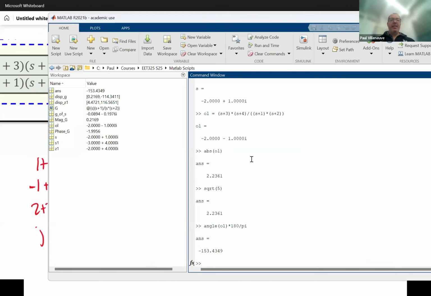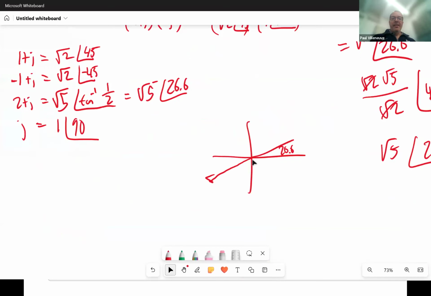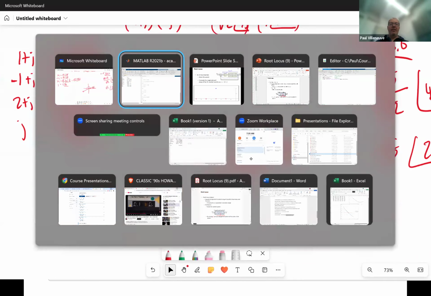S plus 3 times S plus 4 all over S plus 1 times S plus 2. I'm not sure what the 180 degree is. I'll have to get back to you on that one. We get the same magnitude, but for some reason we have a 180 degree phase shift.